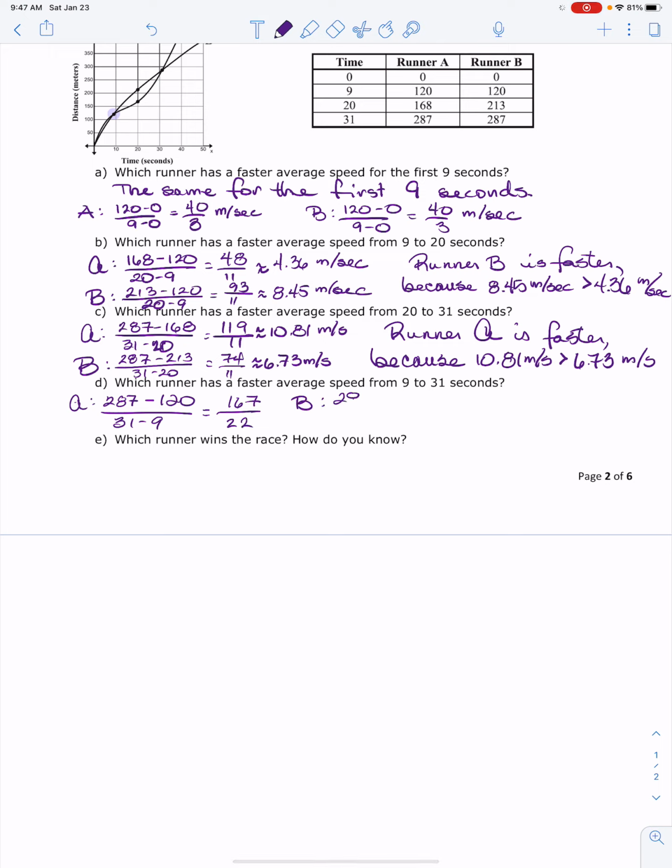And fairly obvious here, runner B is in the same place as runner A. I get 167 over 22 again. So they're the same between 9 and 31 seconds.